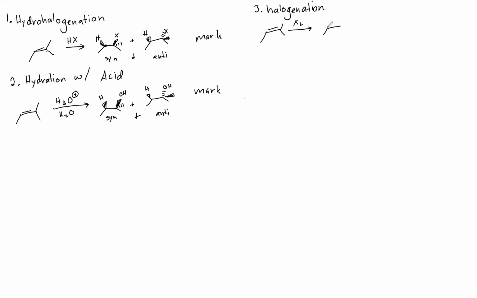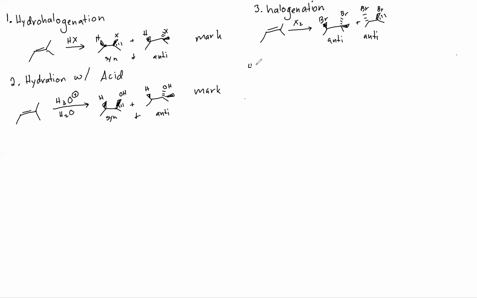We're going to add only anti because of the bridged halonium ion intermediate, so anti only. Sorry, I can only write so fast. And this, we don't worry about Markovnikov because we can't differentiate between the two halogens. They're basically the same thing.